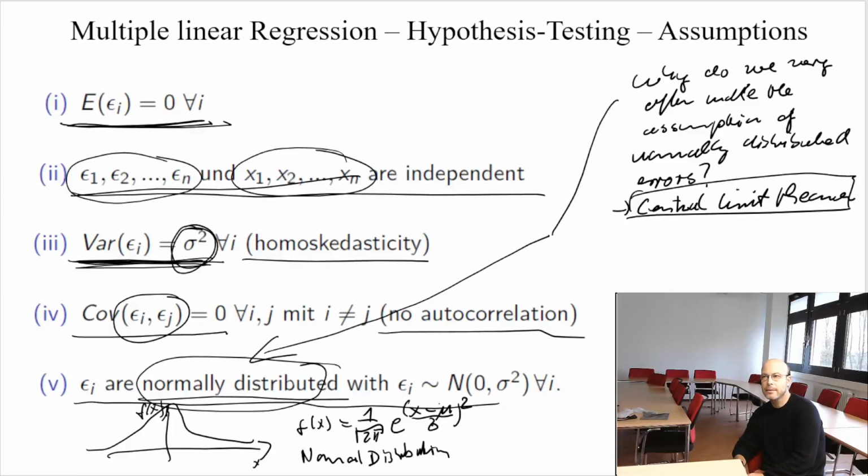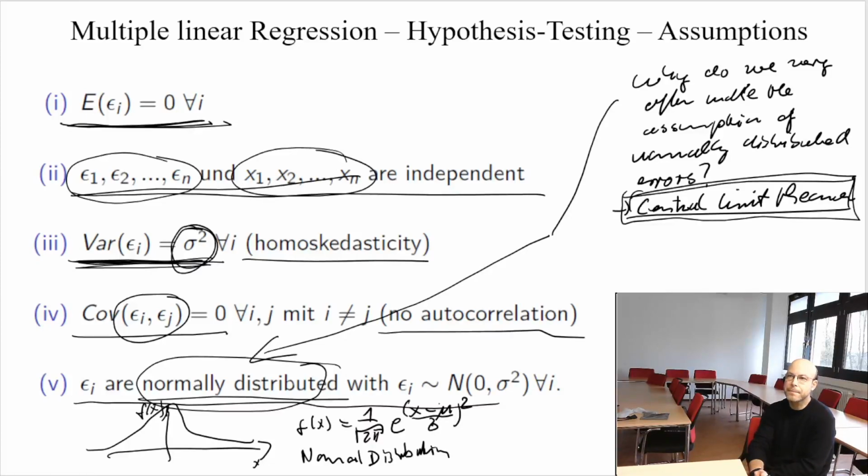Because then, if the number of our data set increases, we know that although we don't know how our variables are distributed, we come closer and closer to the normal distribution. So this is the most important result, I think, in statistics, this central limit theorem.